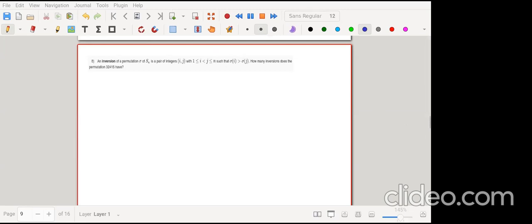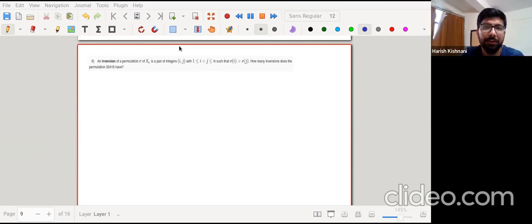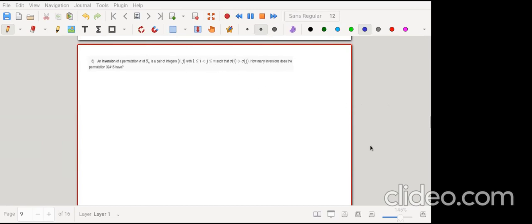We want i less than j, and then sigma(i) has to be greater than sigma(j). First of all, if you are pairing something, then the first index should be the smaller one. 3, 2 doesn't make sense as per the given definition. I has to be less than j. So it should have been 1, 2.